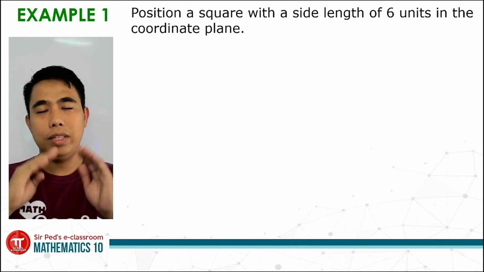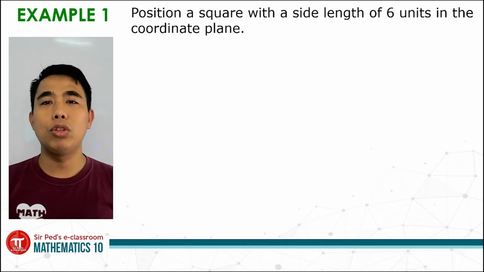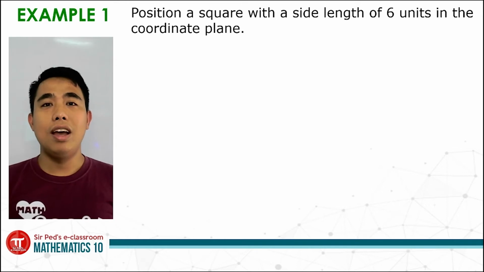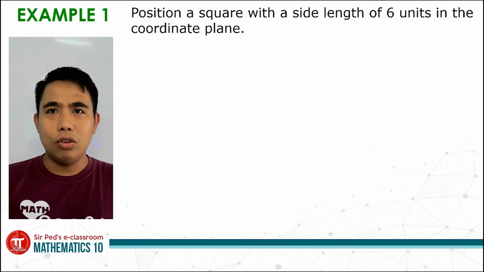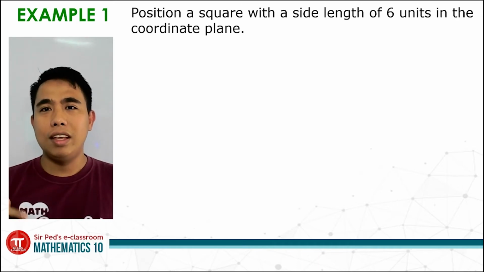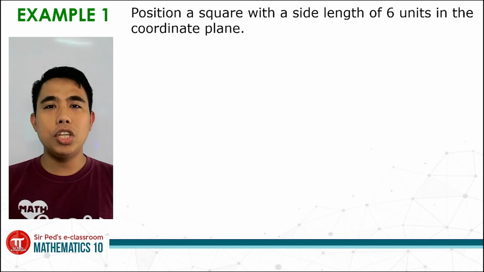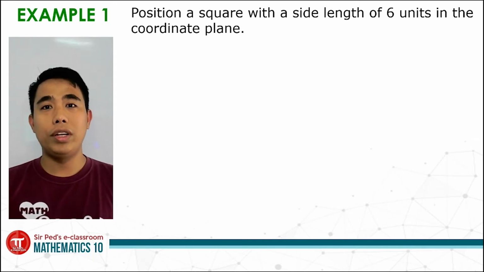We should know how we are going to position our figure in the Cartesian plane, because this is very important in proving our statements. Position a square with a side length of 6 units in the coordinate plane.